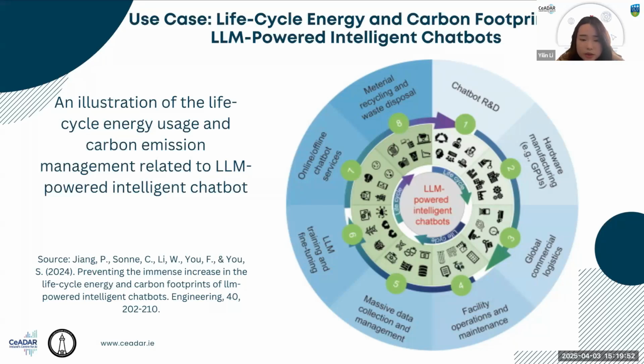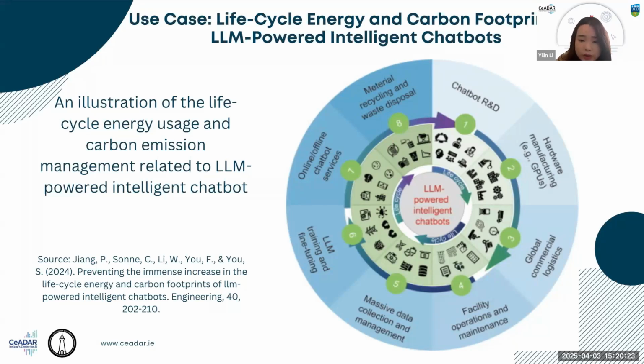So this chart shows 8 main phases. It starts with research and development, designing and testing the chatbot. Then the hardware is manufactured, including the GPUs and the servers. Next is global shipping and logistics, moving the equipment to the data center.